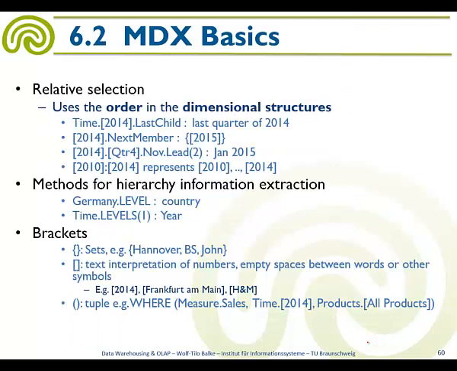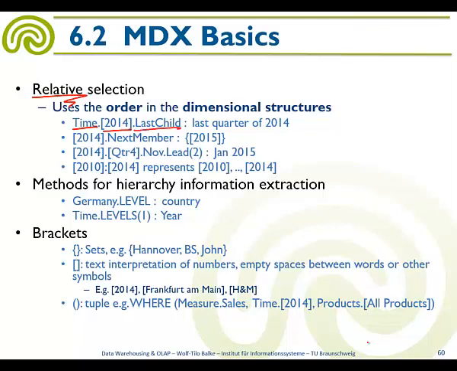Finally, we have some special functions. For example, we can have a relative selection that uses the order along the dimensions. So I can, for example, say, in the time dimension, the year of 2014. Again, the square brackets just show a casting into a string of 2014.